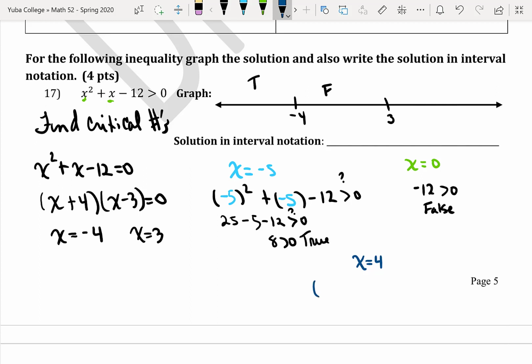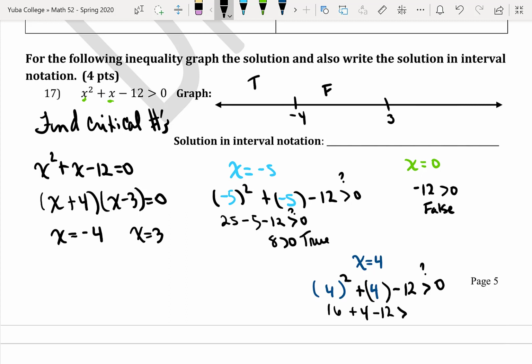So we get 16 plus 4 minus 12. Well, 20 minus 12 is 8. 8 is bigger than 0. So this is true. So anything to the left of negative 4 is part of our solution. Anything to the right of 3 is part of our solution.